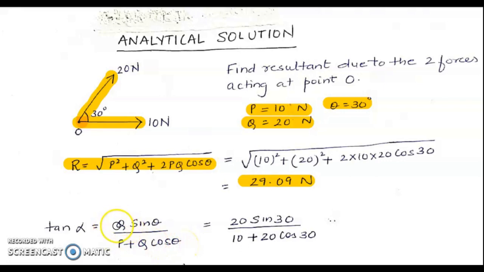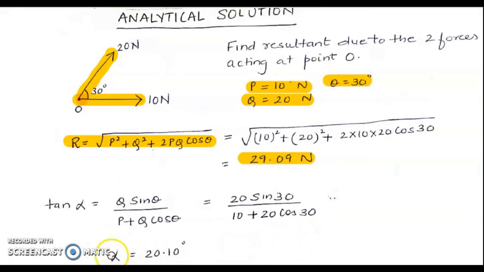Let us substitute the values of Q, P and theta in this formula and find alpha, that is the angle made by the resultant. If we solve that, we get the angle made by the resultant as 20.10 degrees. So we have found the resultant using parallelogram law of forces in magnitude and in direction.